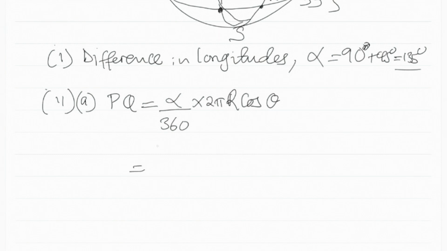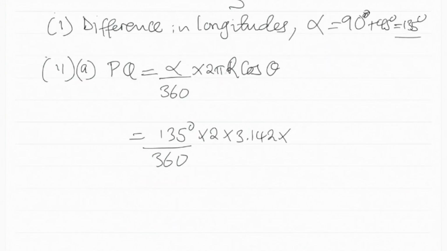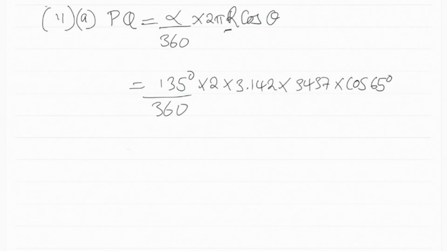Replacing in the given formula there, we have the theta, we're going to use the 135 degrees over 360 multiplied by 2, and then our pi we know is 3.142 times the radius of the Earth, that is with a capital R, is given by 3437, then times cos 65 degrees.